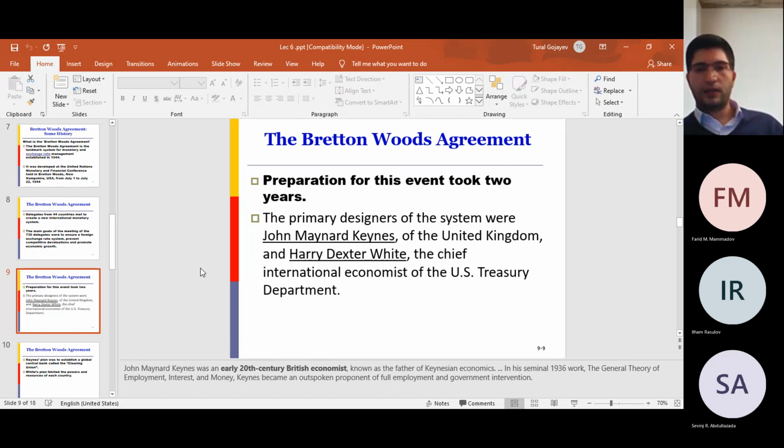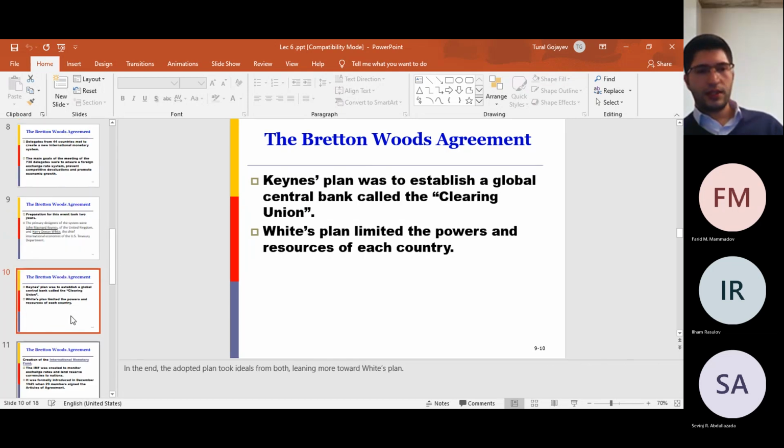And also here Dexter White, he was the chief international economist of the United States Treasury Department. This is like the financial department in the country. After this, they had a plan. Each economist, Keynes and Dexter White, had a plan regarding creating that.